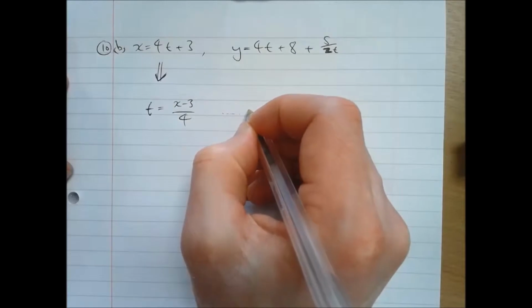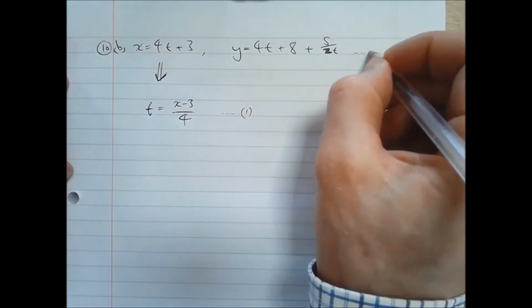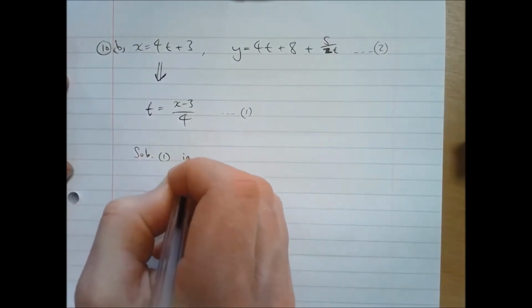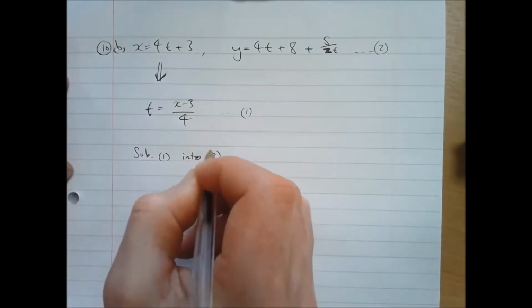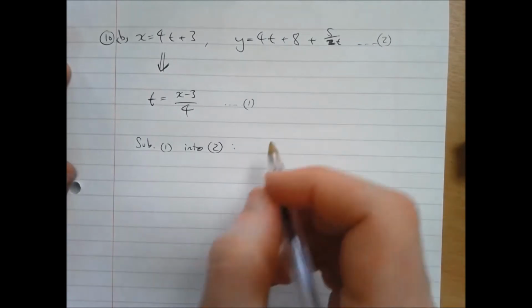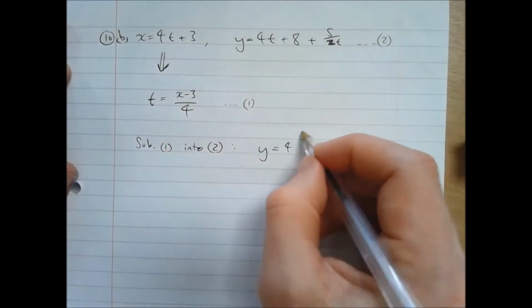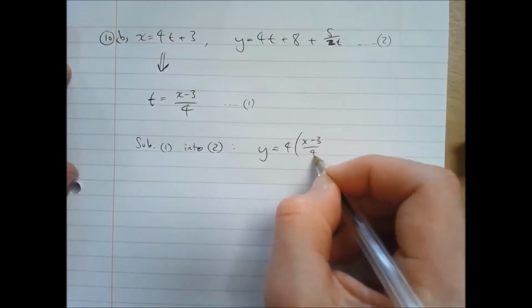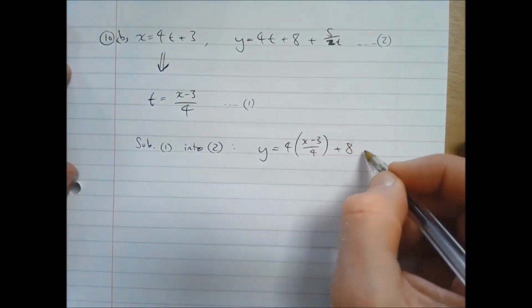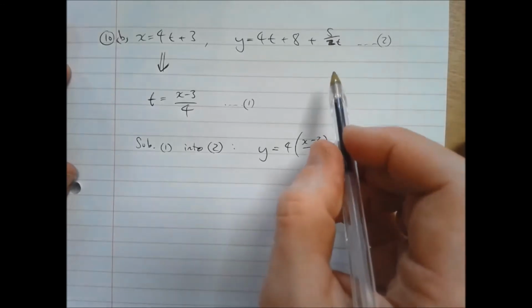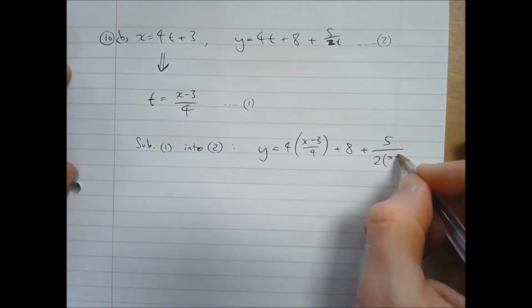So I'm going to call that equation 1, call that equation 2. So sub 1 into 2 gives us y equals 4 lots of t, but t is now x minus 3 over 4, plus 8 plus 5 over 2t, but t is now x minus 3 over 4.